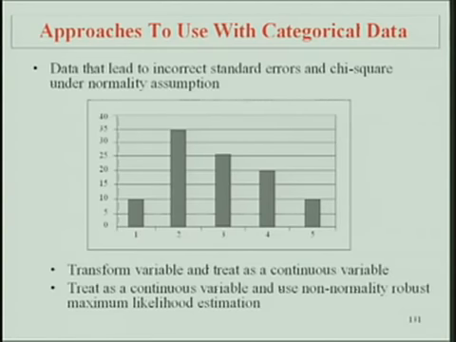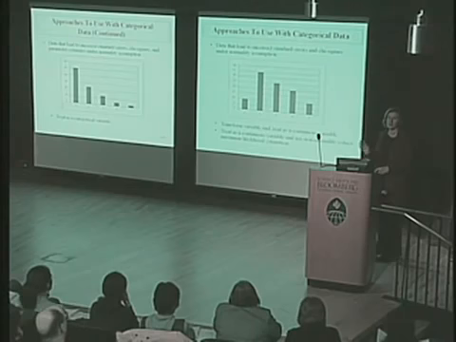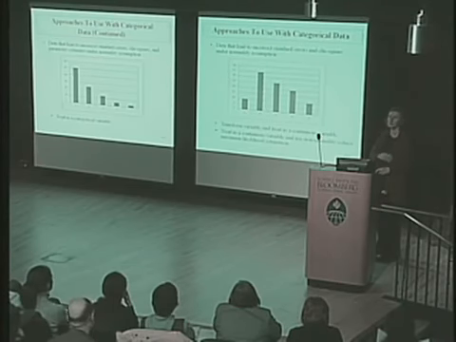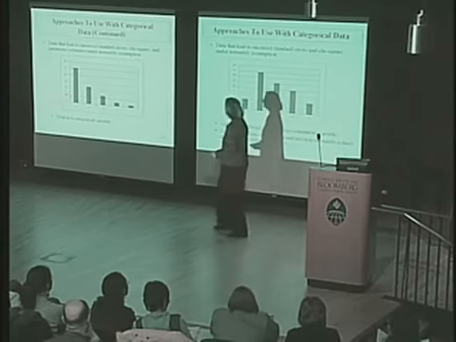As we're going to see, you're probably not going to be far off with 5 or more categories. And if you're not interested in talking about probabilities, then you might want to do that. But if you're interested in discussing your results in terms of probabilities, then you would have to estimate the model with categorical methodology.